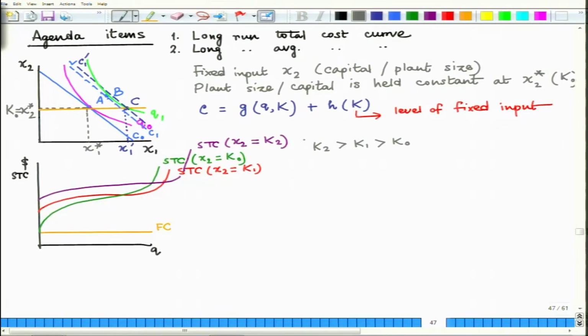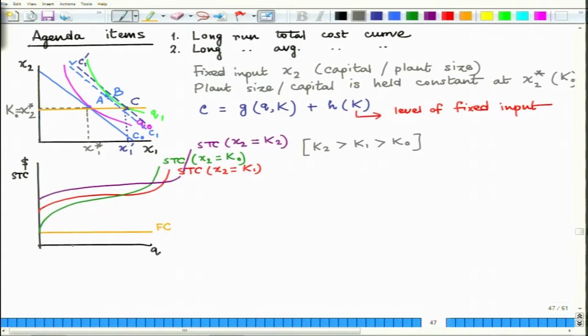So that is the assumption that we make. So what we observe is that there are three different plant sizes to choose from, and for each of these plant sizes there is a corresponding short run total cost curve if the farm chooses a particular plant size. So now let me see how that has an impact on the cost.